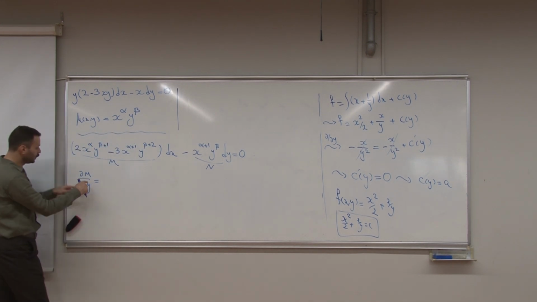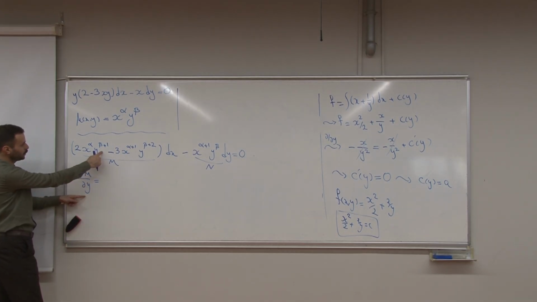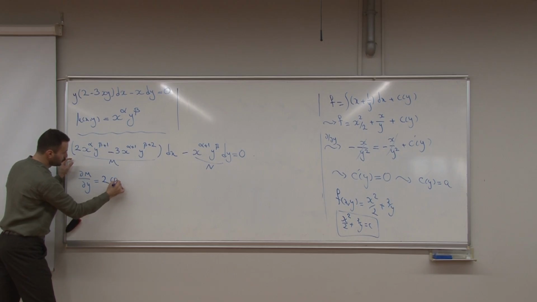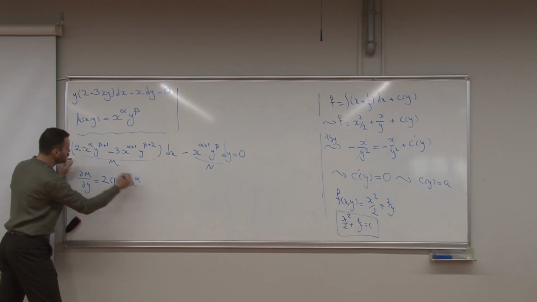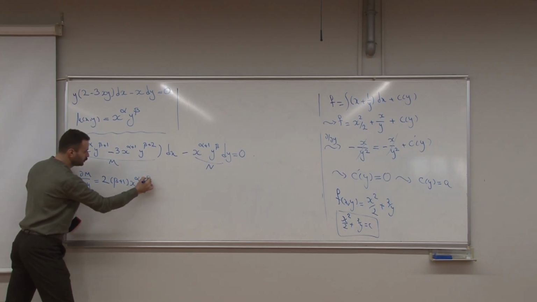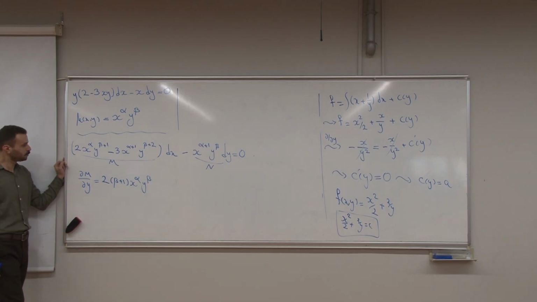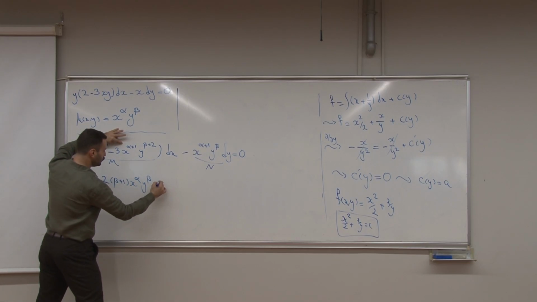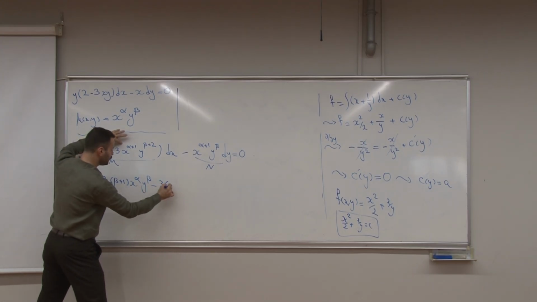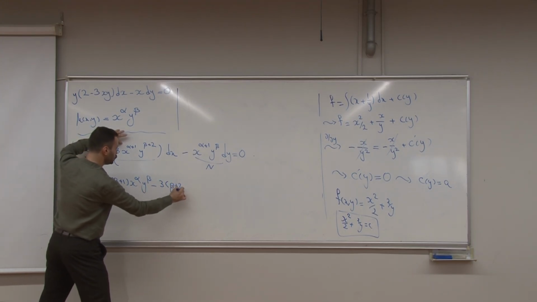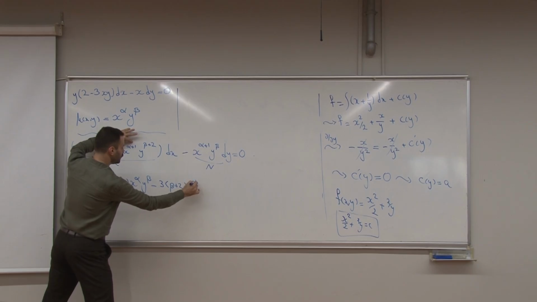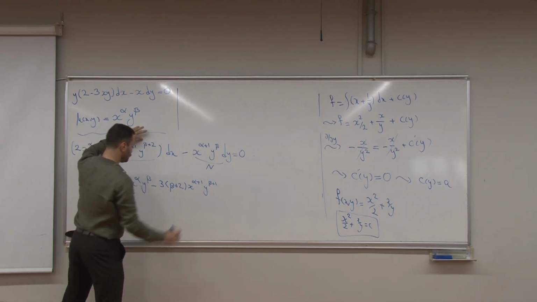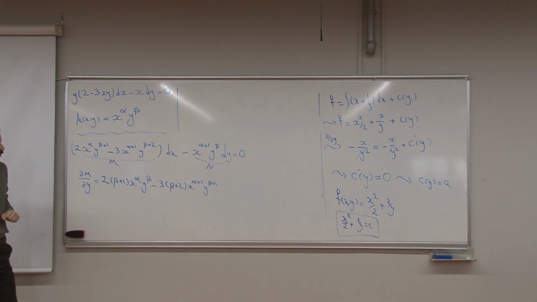So let's calculate it. What is this derivative with respect to y? I have 2, this beta plus 1 is going to come, x to the power of alpha, y to the power of beta. Minus 3 times, now we have beta plus 2, x to the power of alpha plus 1, y to the power of beta plus 1. Right?